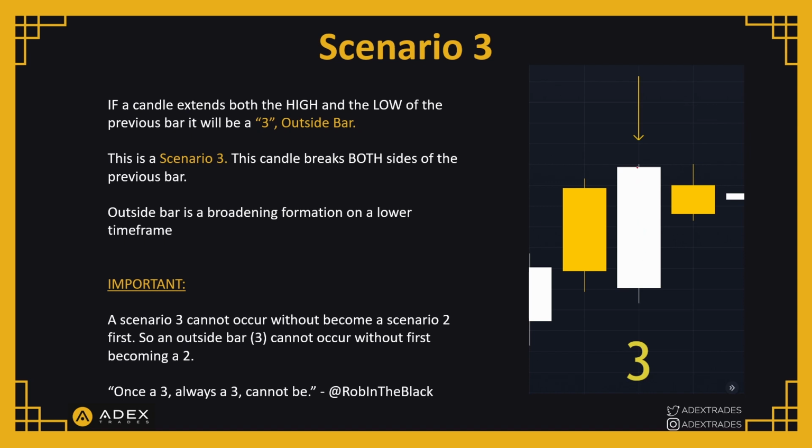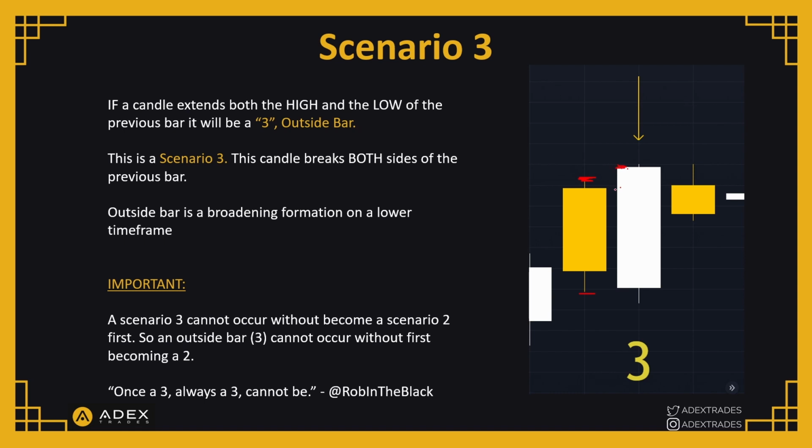So in order for this 3 bar to be created, remember this is the high and this is the low, in order for price to break both sides, imagine we opened here, and we were already up. We gapped up, so we had already created a 2-up candle. Because price opened here, we're already a 2-up candle.